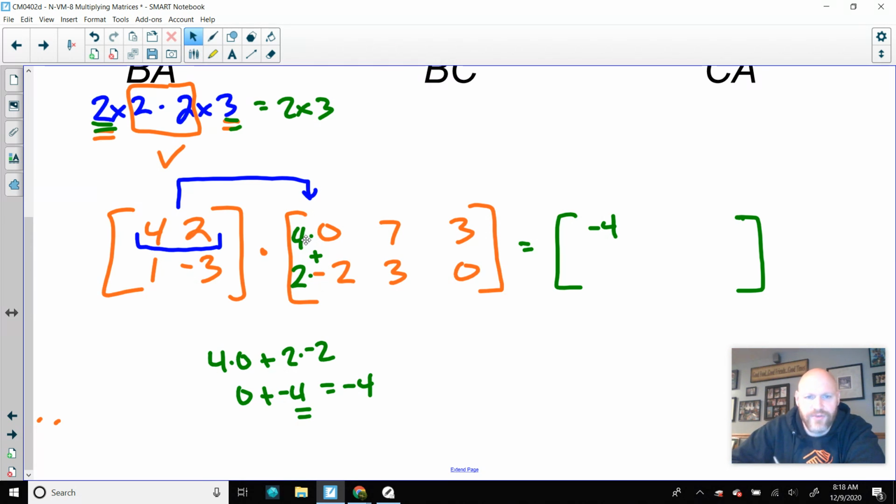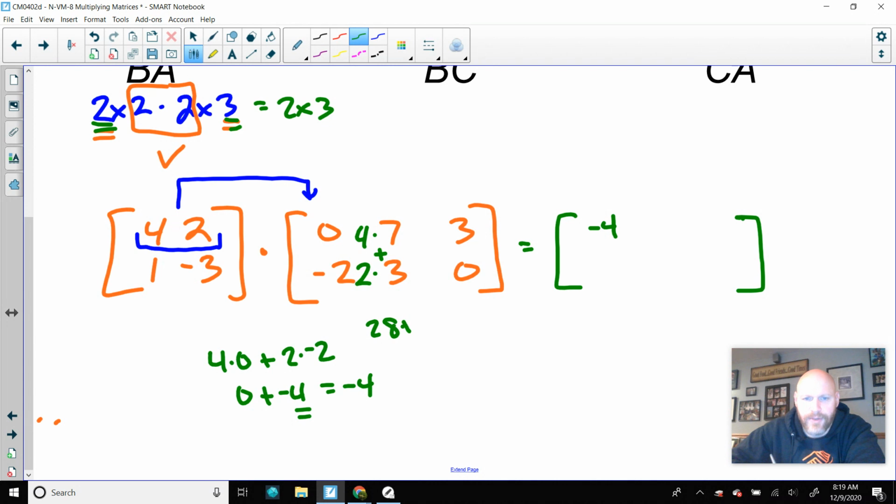I'm going to take this first row and move it over to the second column. And now we're going to do first row times the second column. This is going to be 28 plus 6, which is 34. And it's okay that that number is so big. And that 34 is going to go right in the middle like that. That was first row, second column.